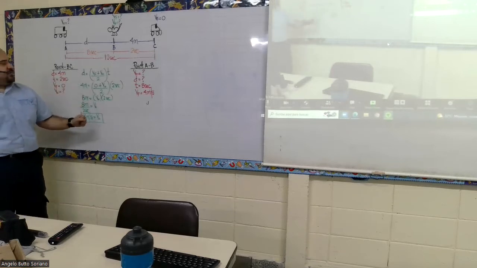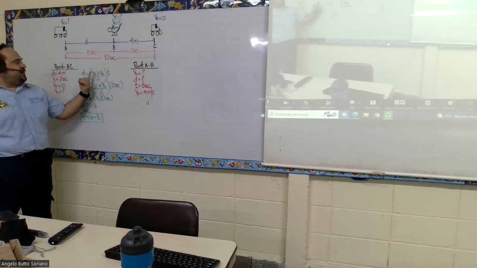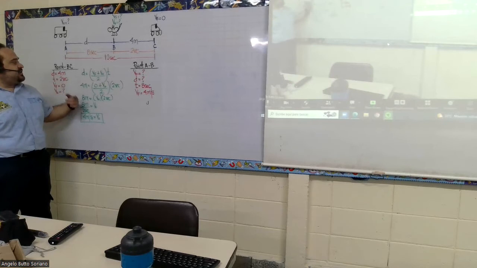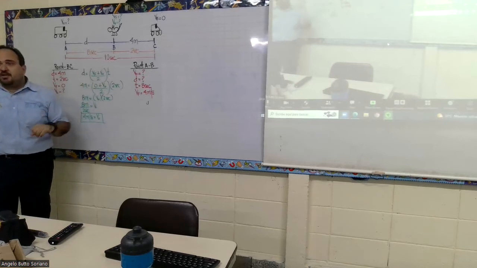If we had at least the value of the initial velocity, we could perfectly solve the problem using this equation, right? But we are stuck because at the beginning we don't have the distance, neither the initial velocity.